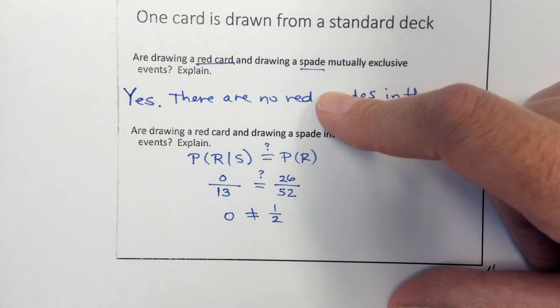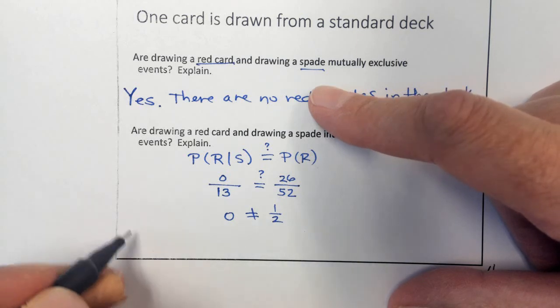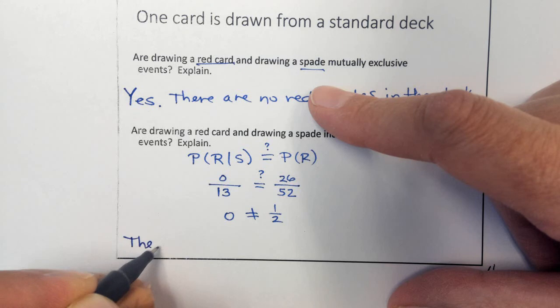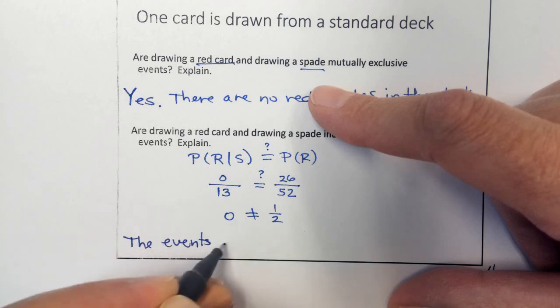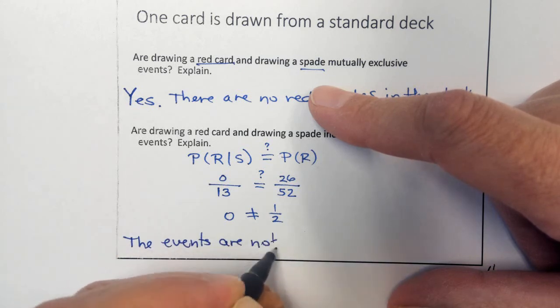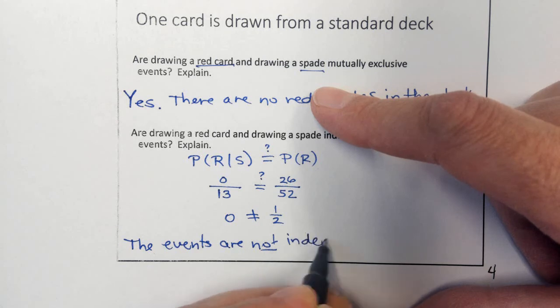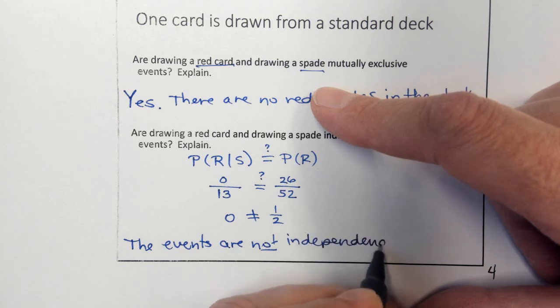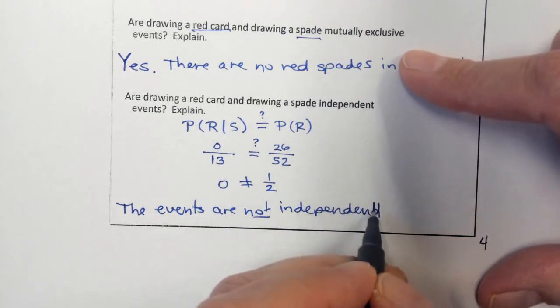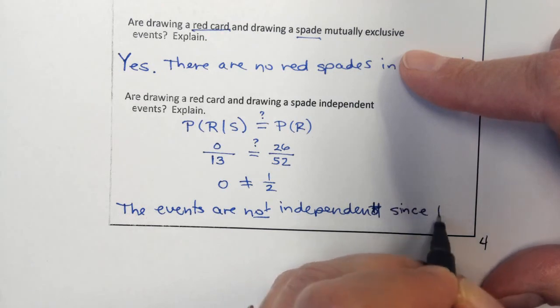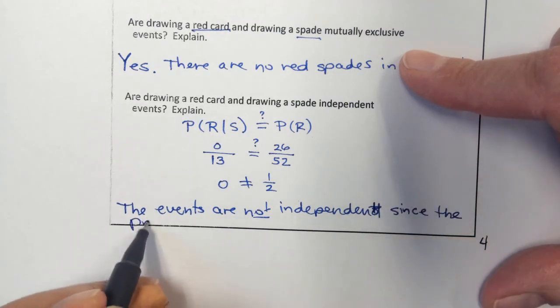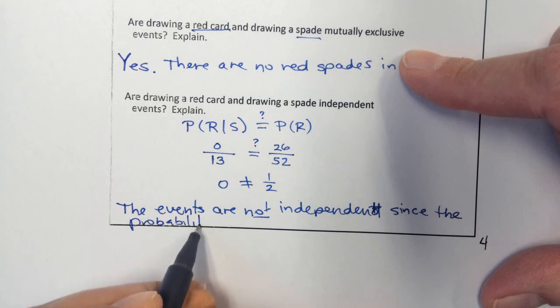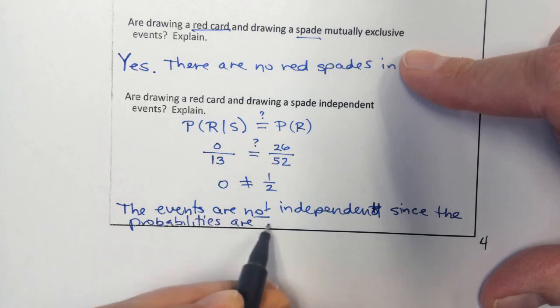Those are not equal. So the events are not independent, since the probabilities are unequal.